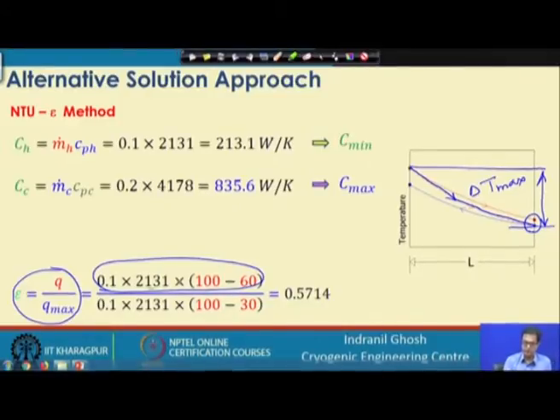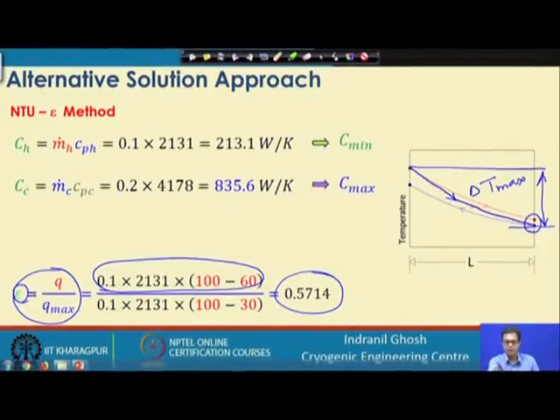Here we have written it in terms of the minimum capacity fluid, which is the oil, and it has come out to be 0.5714, the heat exchanger effectiveness epsilon.